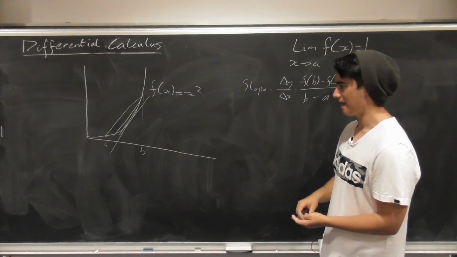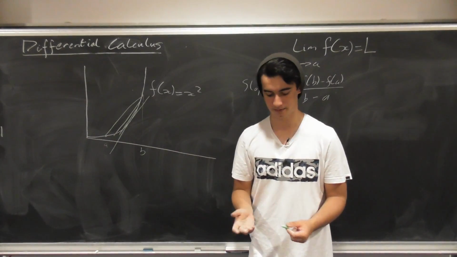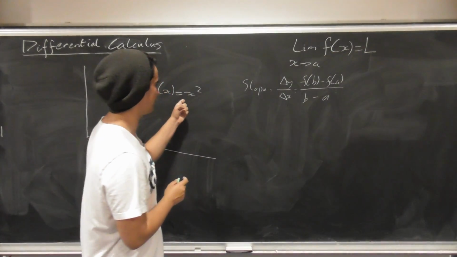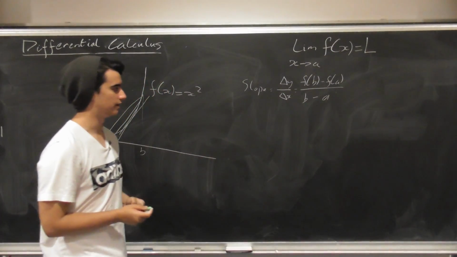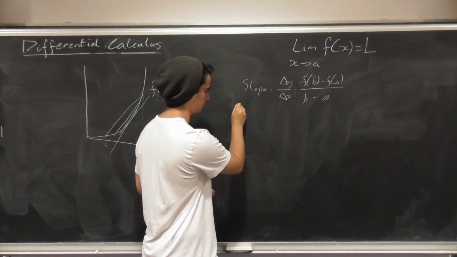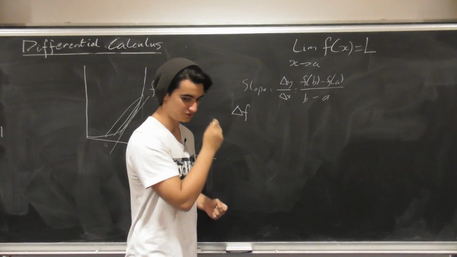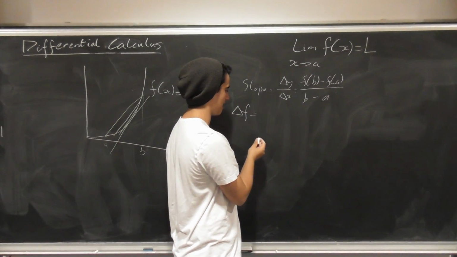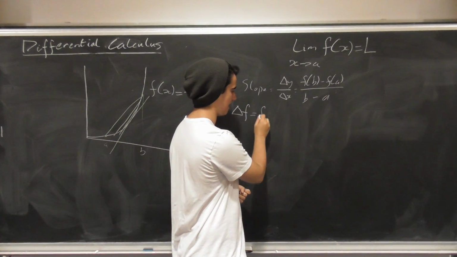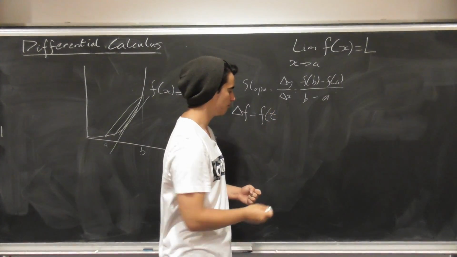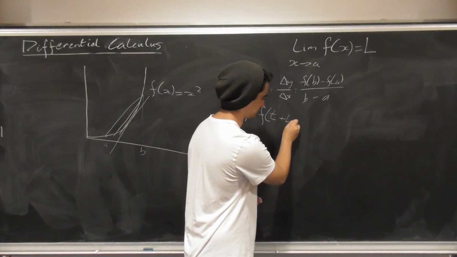So we can rewrite, let's say we want to find the slope here, right? Instead of delta y, we'll use delta f. So this is going to be the change. We'll say this is f evaluated at some point t plus delta t.